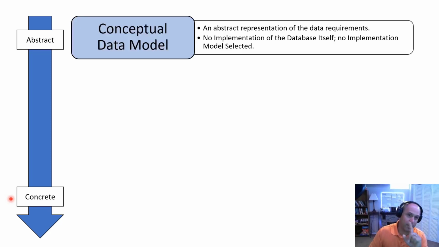So first we have what's called the conceptual data model, and the conceptual data model is a very abstract representation of the requirements itself. There is no implementation of the database, and there is no model. A great way to think of the conceptual data model is, let's suppose you're going to build a shed in your backyard.